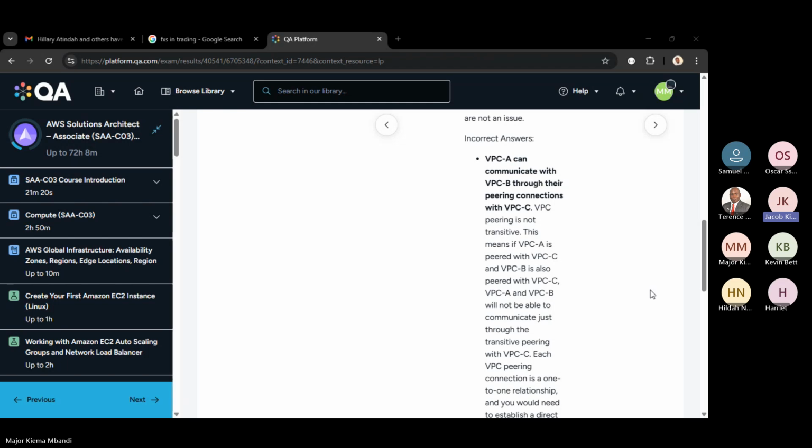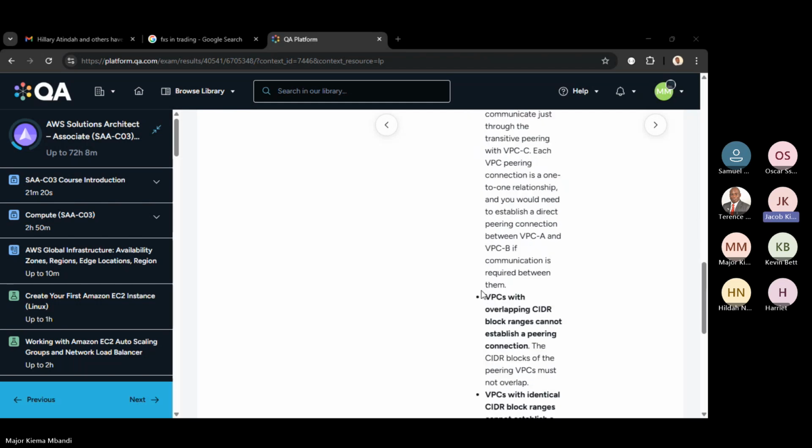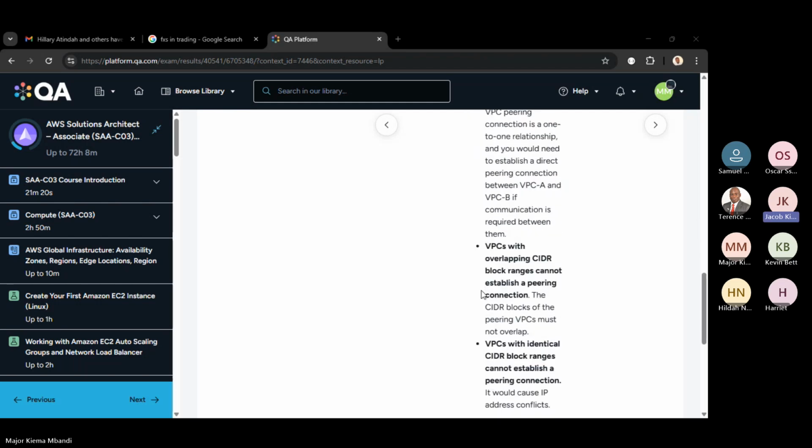This means if VPC A is peered with VPC C and VPC B is also peered with VPC C, VPC A and VPC B will not be able to communicate just through the transitive peering with VPC C. Each VPC peering connection is a one-to-one relationship, and you would need to establish a direct peering connection between VPC A and VPC B if communication is required between them.